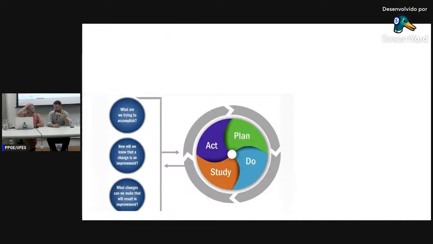So I've showed this before when we were talking about spreading ideas, but this is the notion that there are these constant little cycles of planning together, trying something out, studying it, looking at the data, making changes, making a new plan, and that it's built on more of an entrepreneurial model of littler changes, not expecting everything to work, but trying to see what might work through smaller, but more frequent change.